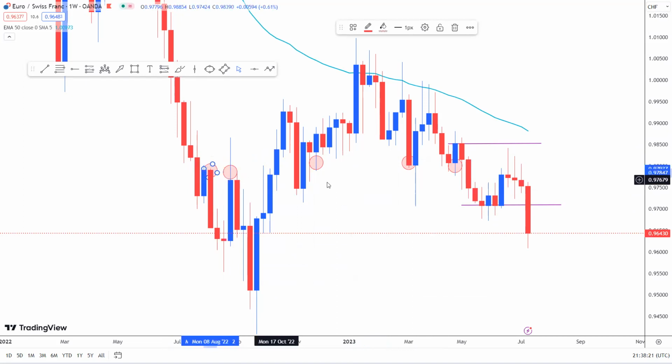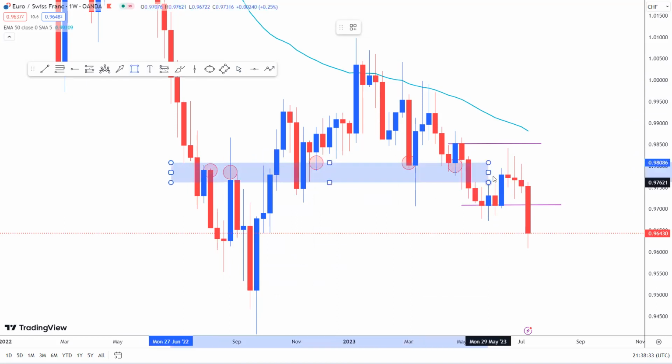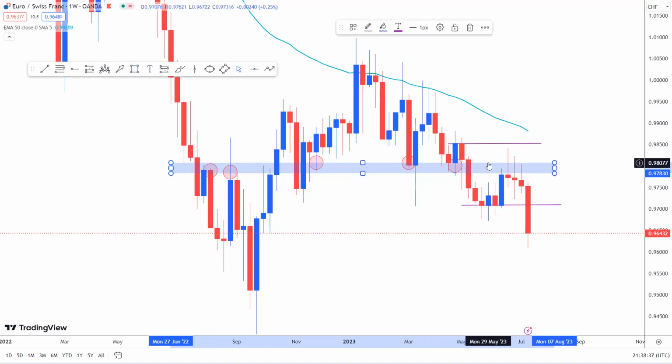So on one, two, three, four, five occasions, we've had price test this level right about here, and then have some form of reaction off of the level. On five occasions, as you can see, right about here, the level acted as a resistance.